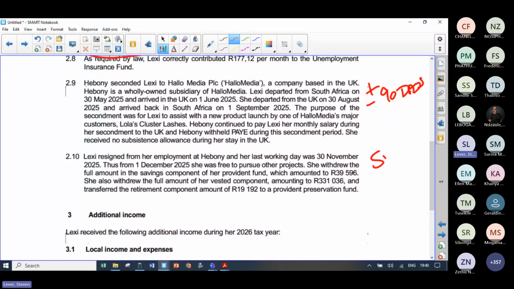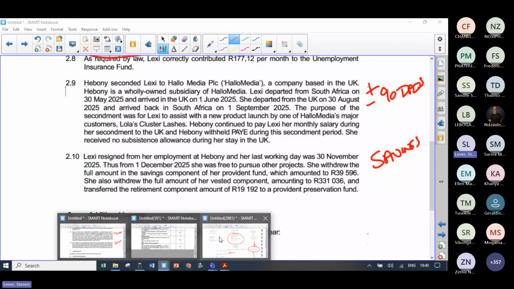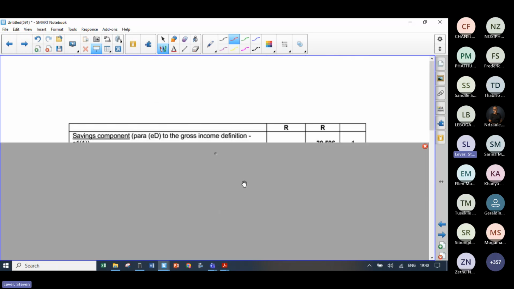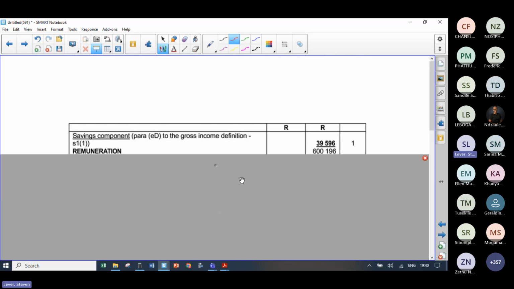So guys, savings component, where does it go? A savings component is going to go into your income column. You guys comfortable with that? So anything that goes out of your savings component goes into your income column.